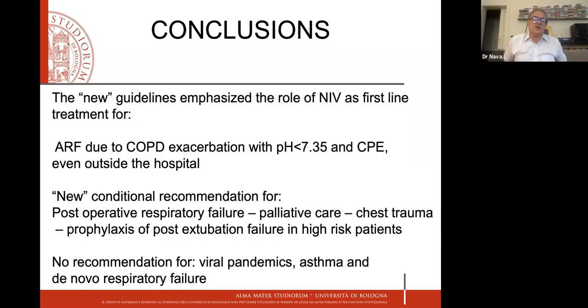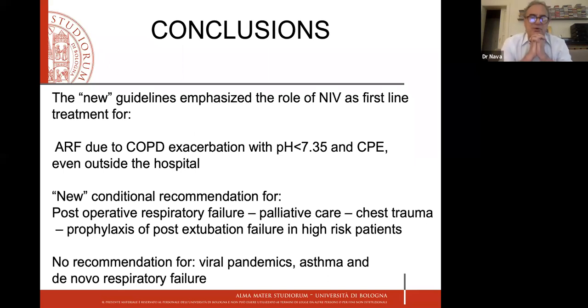So this is to say that NIV success strongly depends on human factors, but also on technical factors. So in conclusion, the new guidelines emphasize the role of NIV as first-line treatment for acute respiratory failure due to COPD exacerbation, obviously only in patients with a pH lower than 7.35, and in patients with cardiogenic pulmonary edema, even outside the hospital.